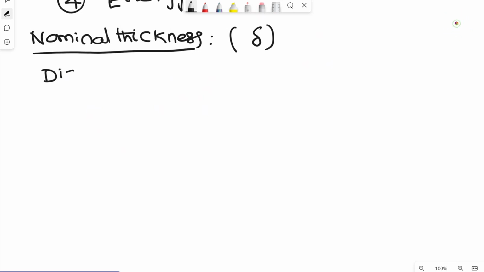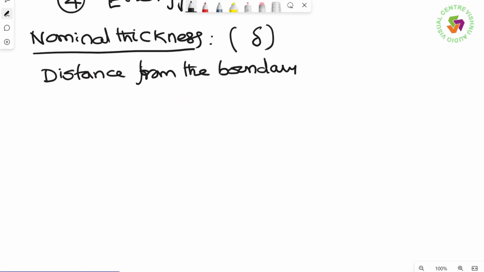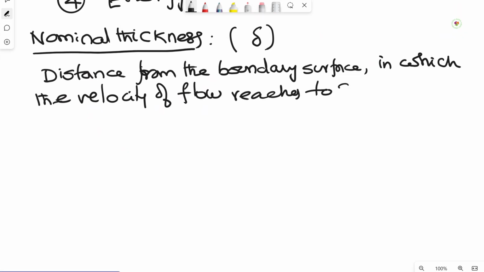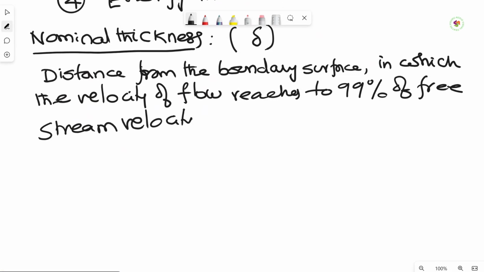It is the distance from the boundary at which the velocity of flow reaches 99% of the free stream velocity, the velocity of the mainstream.